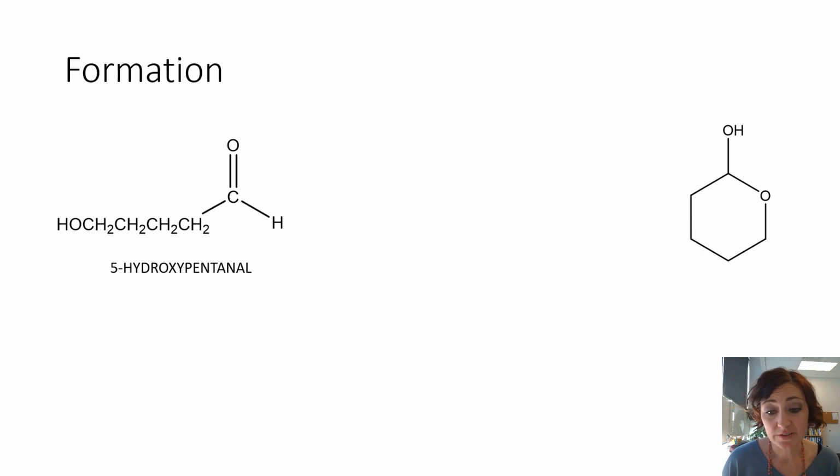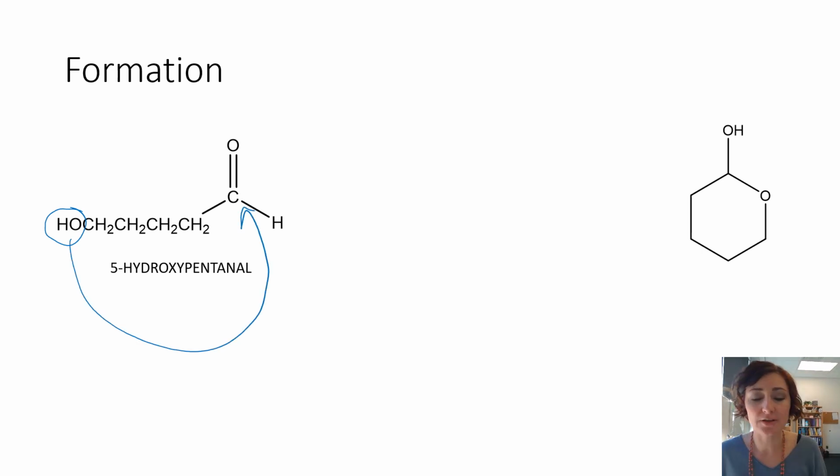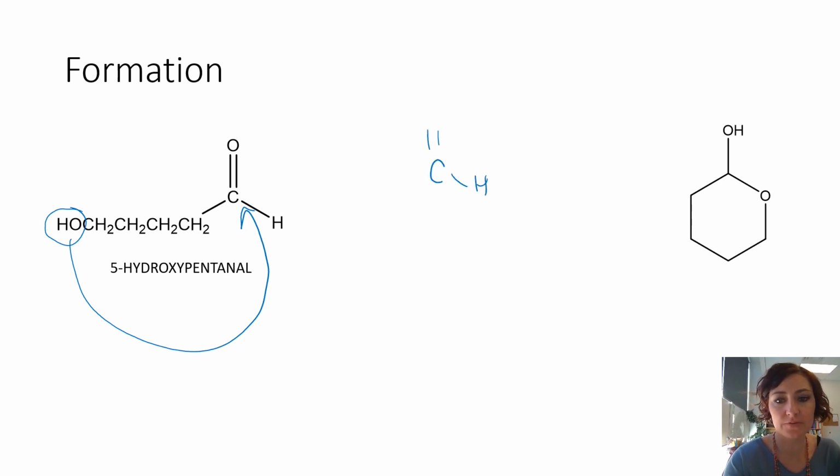So let's talk specifically about how these form. Here we have 5-hydroxypentanal. So it has an aldehyde and it has an OH group. Essentially, this alcohol group, this hydroxyl group, is going to come around and attack the carbonyl. So just to give you an idea of what this looks like, I'm going to have this wrap around on itself.